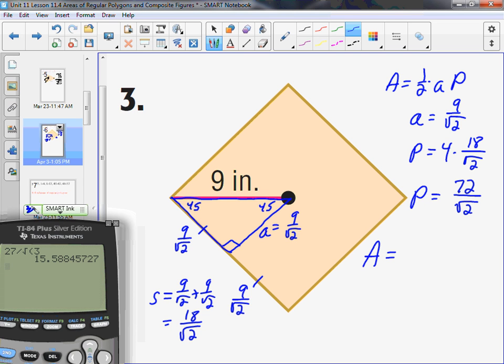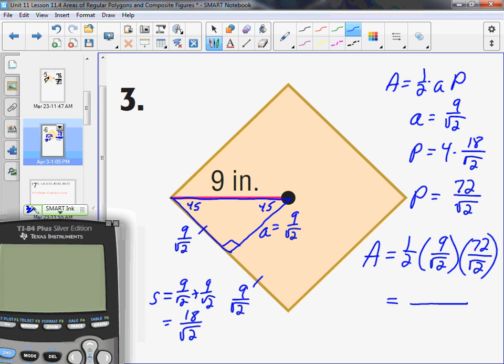So area equals 1/2 times the apothem, 9 divided by the square root of 2, times the perimeter, 72 divided by the square root of 2. Okay? All right, now, I've got some options here.